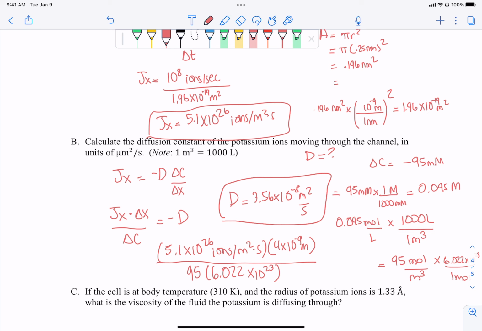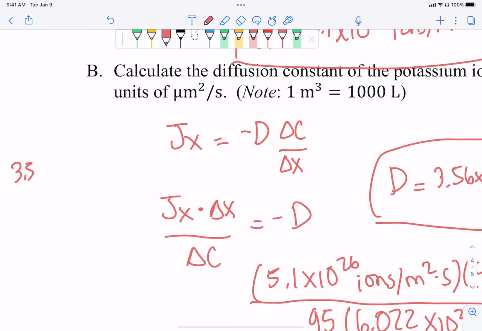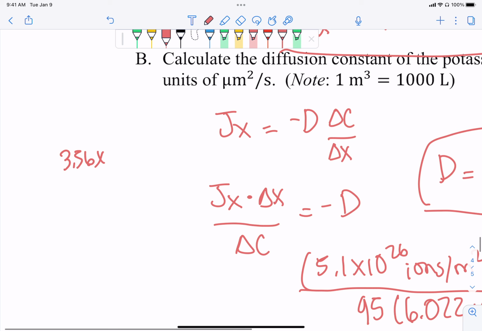So, if we convert that, so meters squared, right? So I want to convert that. Let me put this here, 3.56 times 10 to the negative 8 meters squared per second, right?